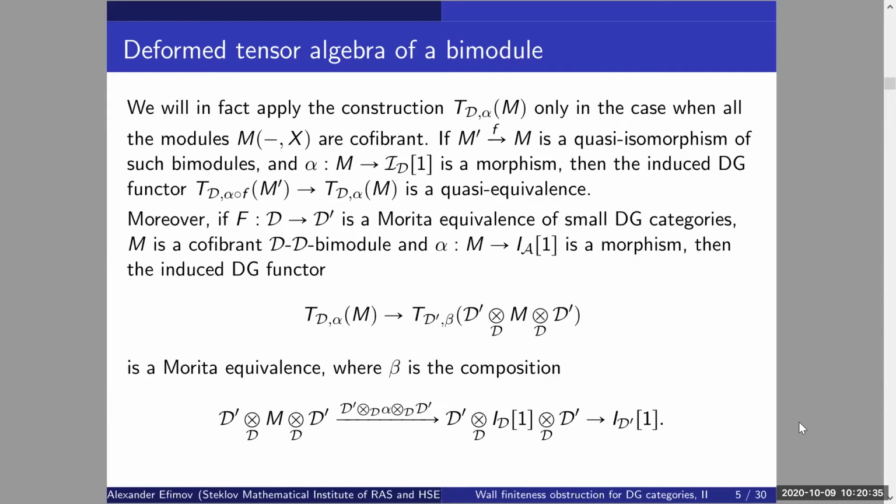After the extension of scalars, we still have a natural morphism to the diagonal, and we have a natural functor, and this is a Morita equivalence. All of this is quite easy to check. You just have a natural filtration by tensor powers, and you just pass to the quotients. Okay, so this is the deformed tensor algebra, which we'll use systematically.